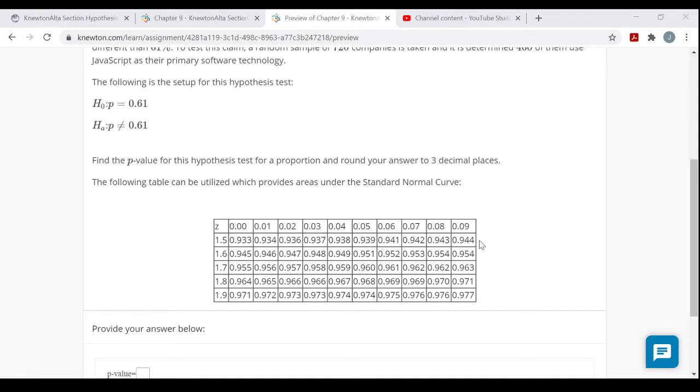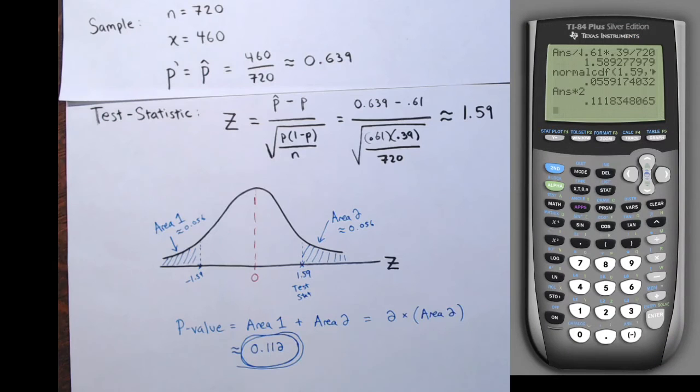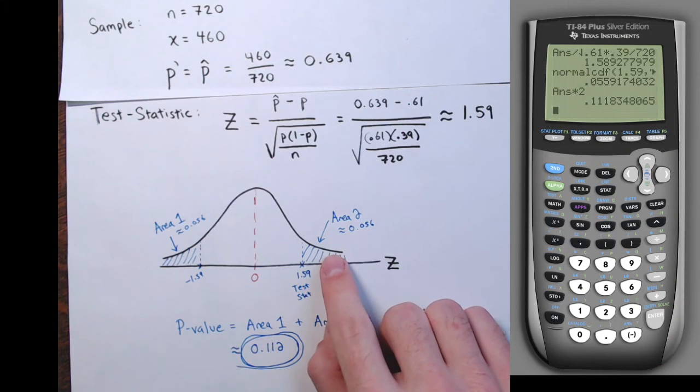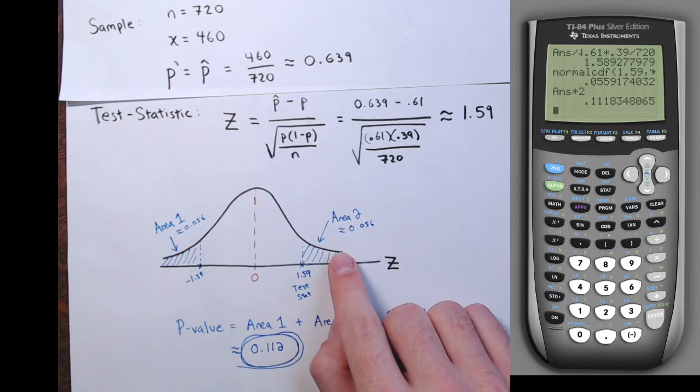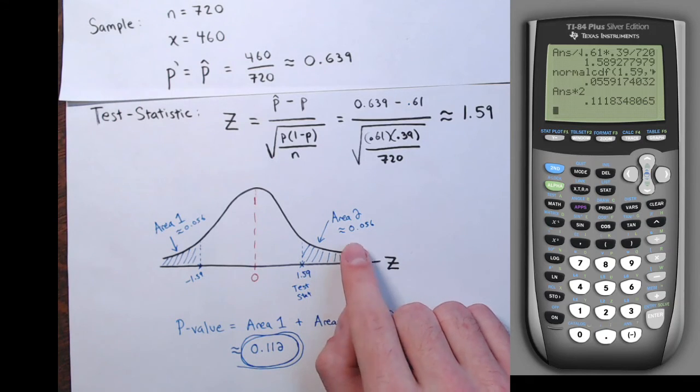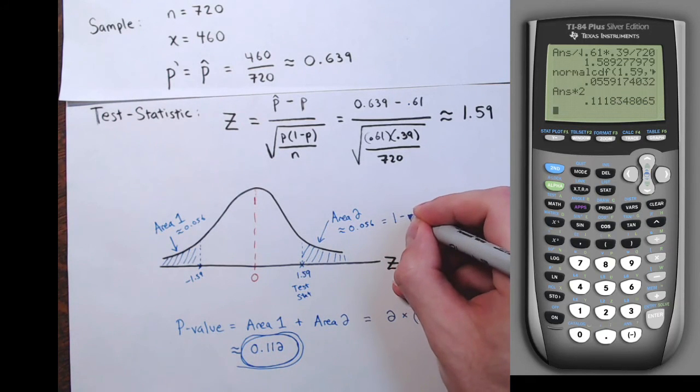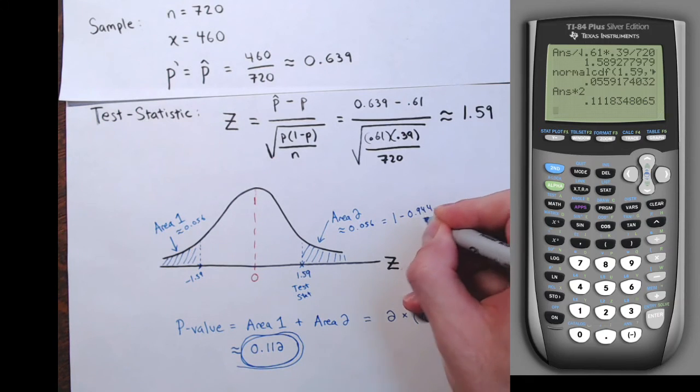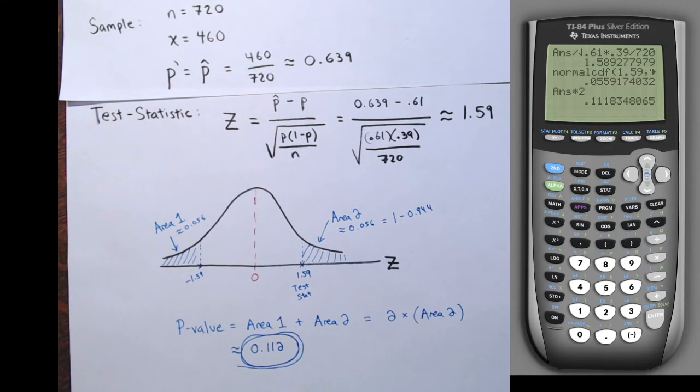So the area to the right would be 1 minus this, 0.056, which is exactly what I got with my calculator. This area here is 0.056, which is, from that table, 1 minus 0.944. You'd have to do 1 minus the value from the table, because the value from the table gives you the area to the left. And then double this for the p-value.